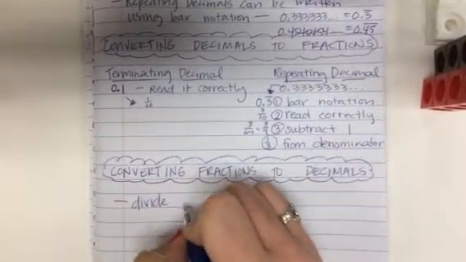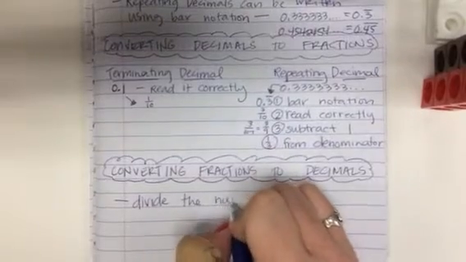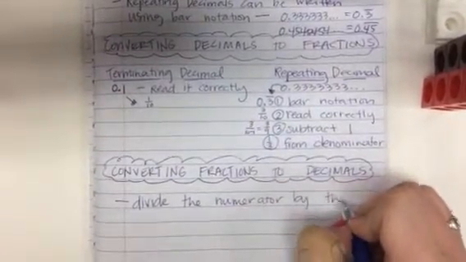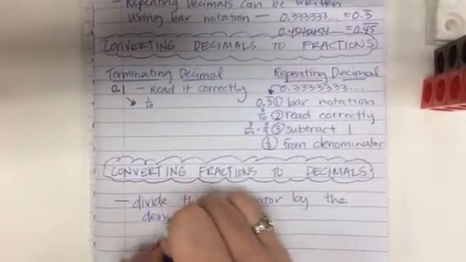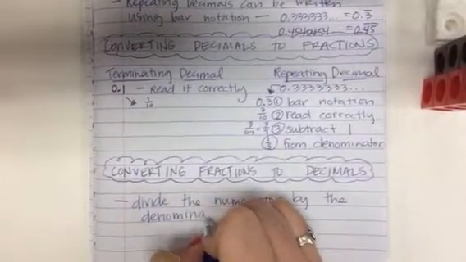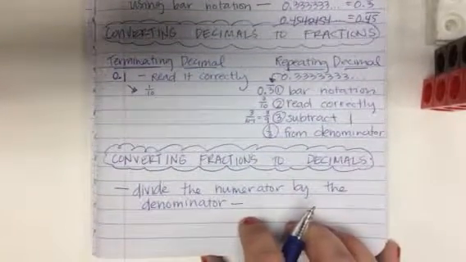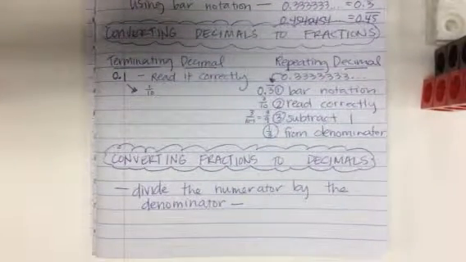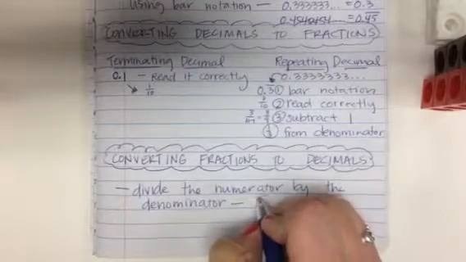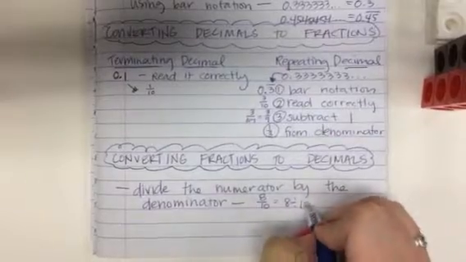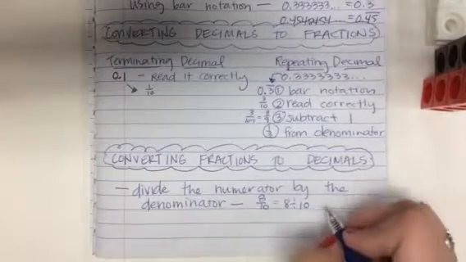You divide the numerator by the denominator. Converting fractions to decimals: divide the numerator by the denominator. 8/10. Divide 8 divided by 10.